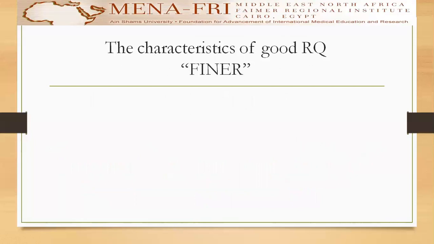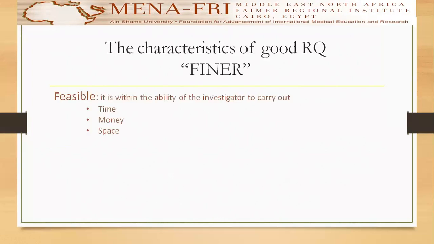What are the characteristics of a good research question? A good research question must be feasible. I mean by feasible, it is within the ability of the investigator to carry out according to the time, money, and space. It's interesting to the researcher and also to their colleagues, to the students, to the patients, all the stakeholders connected with your research.